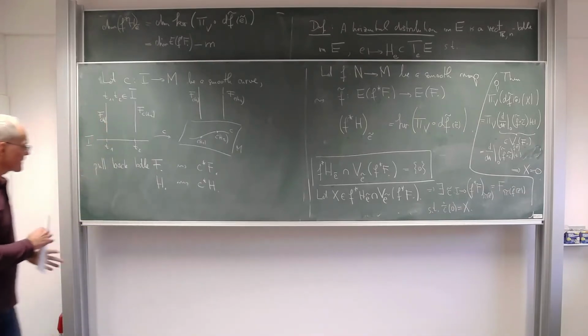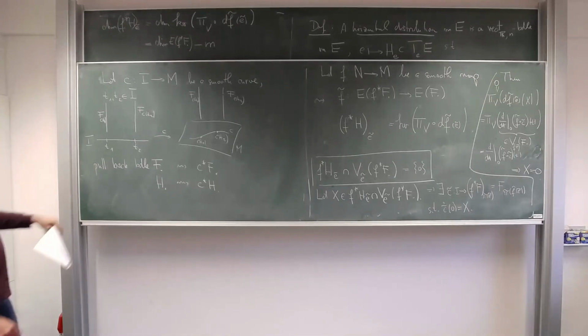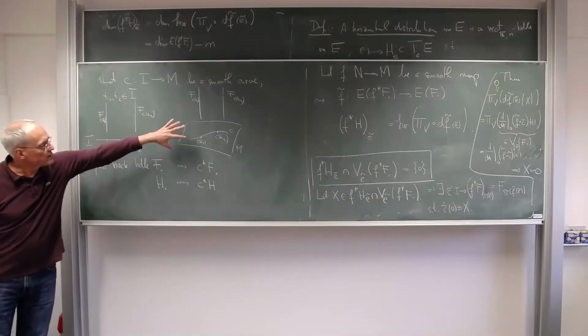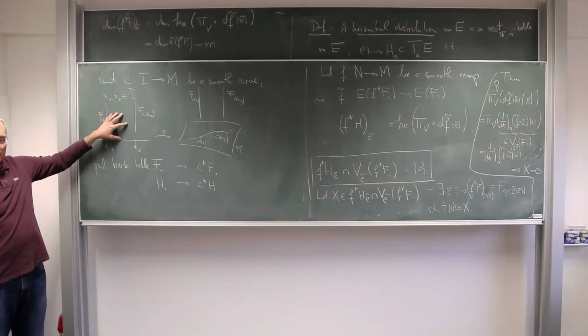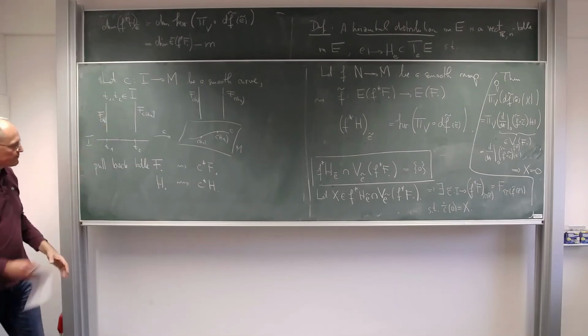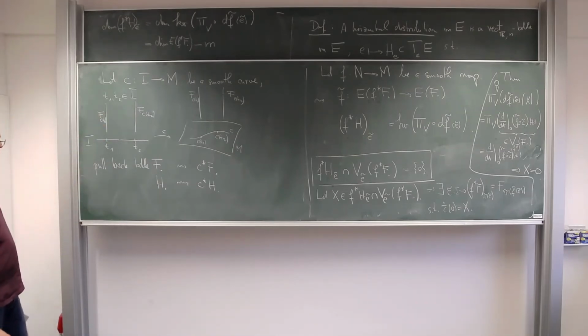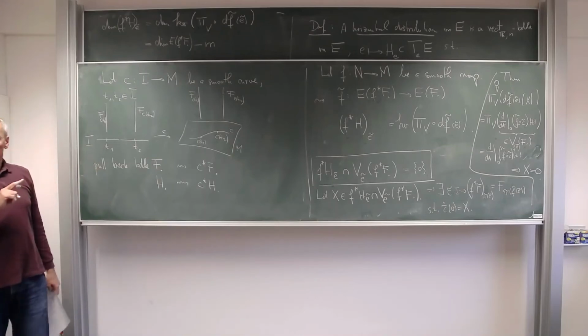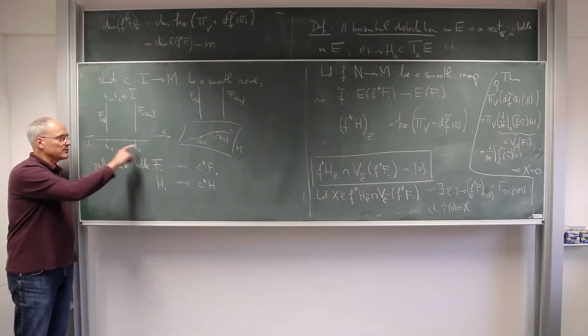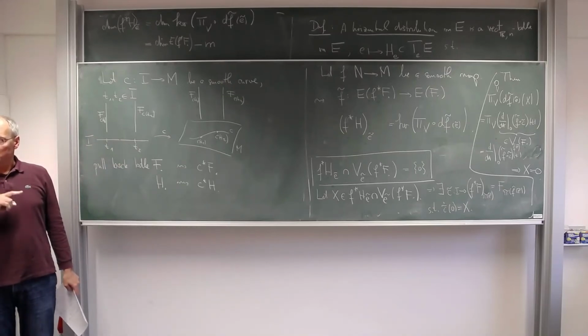All right, and now I have this. I have taken the horizontal distribution, pulled it back to this bundle over the interval. Now what can I do with this? Well, I can look at horizontal lifts of vector fields. And there is a canonical vector field on the interval, namely the vector field d/dt.